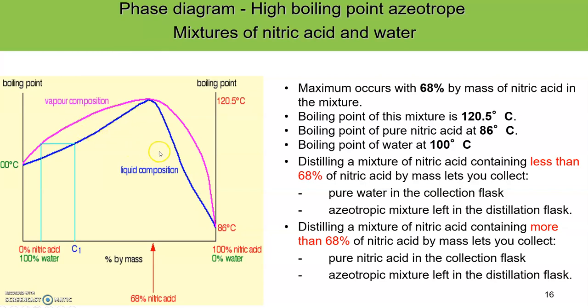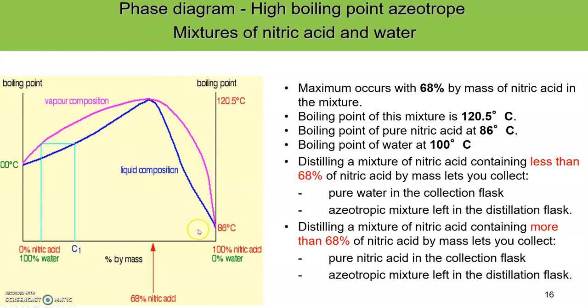And when we distill a mixture of nitric acid containing more than 68% of nitric acid by mass, we will get pure nitric acid in the collection flask.